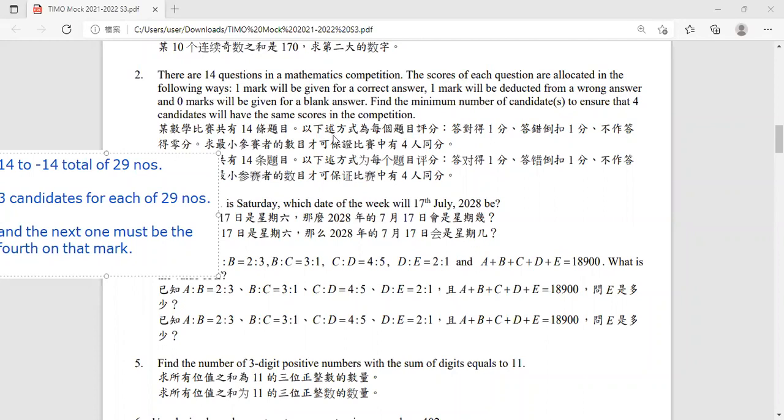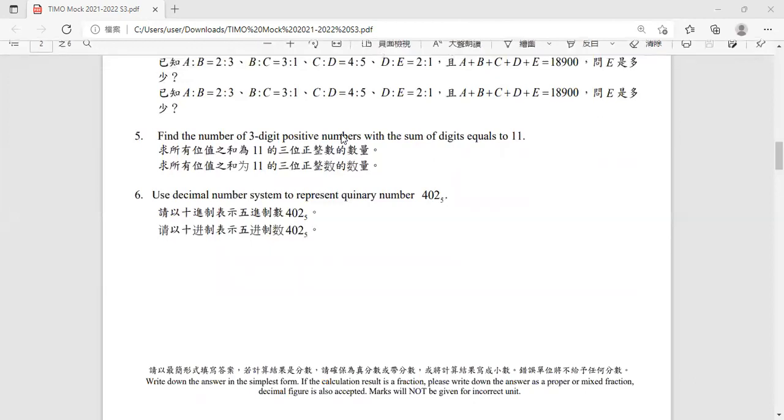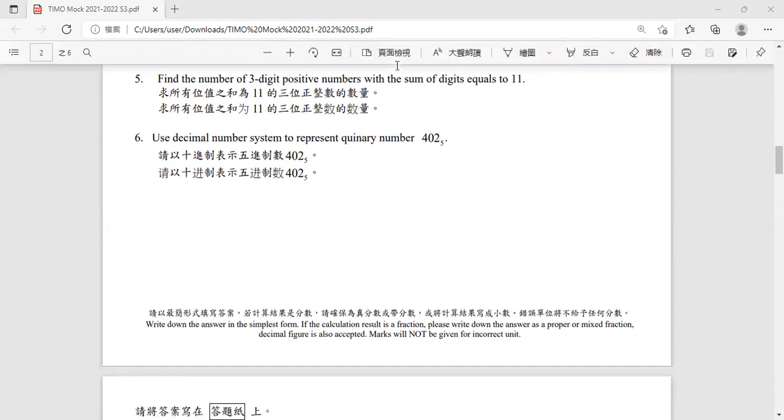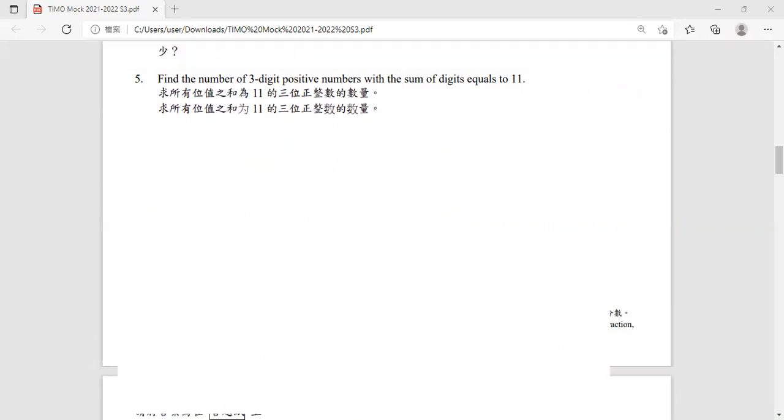Okay. Question 5. How can I get this answer? Actually, it's very simple, but maybe you don't have the idea. Say I have a number with digit sum 11, so I have ABC.